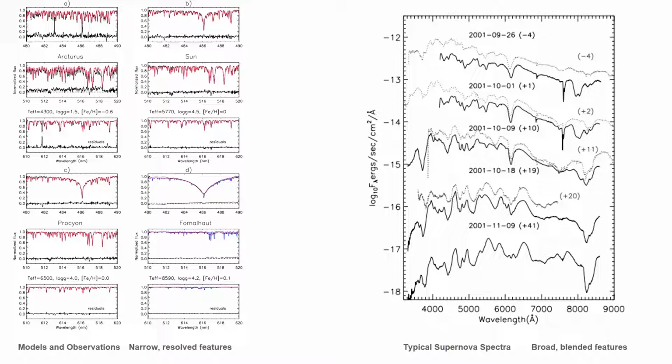How can you say, okay, I want to know how much gold is being produced in this supernova explosion? Gold actually comes from supernova explosions. How much iron is produced there? This is not trivial at all. The state of the art for modeling supernova spectra is much, much worse than for stellar spectra.